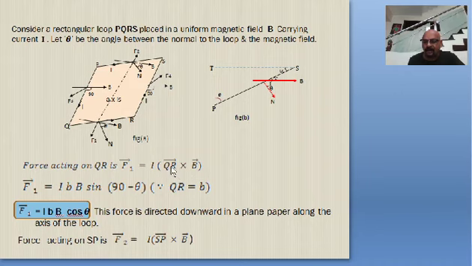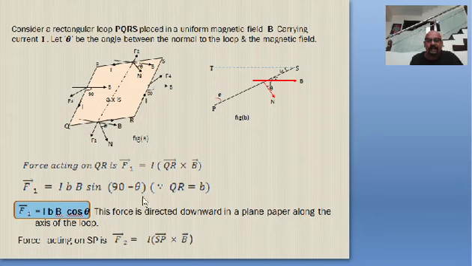In the place of L, that is the length, I have taken QR, which is nothing but the breadth. I have taken small b as the length of the QR part of the conductor. So I b B sin(90 minus theta). Why sin(90 minus theta)? Understand that the angle between the conductor carrying the current and the magnetic field is 90 minus theta in this case.